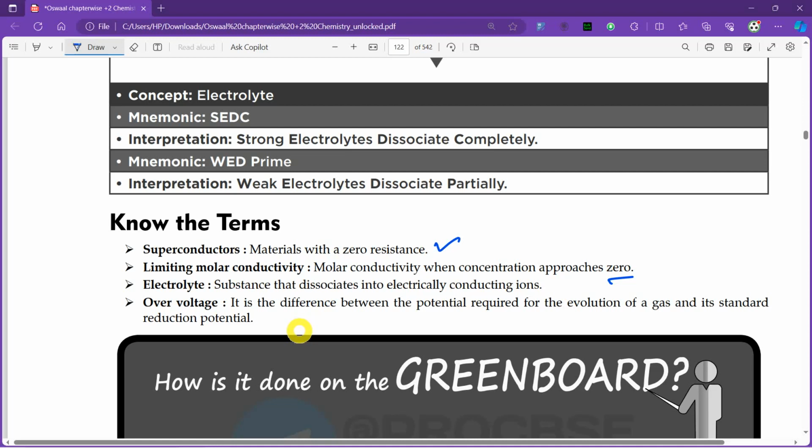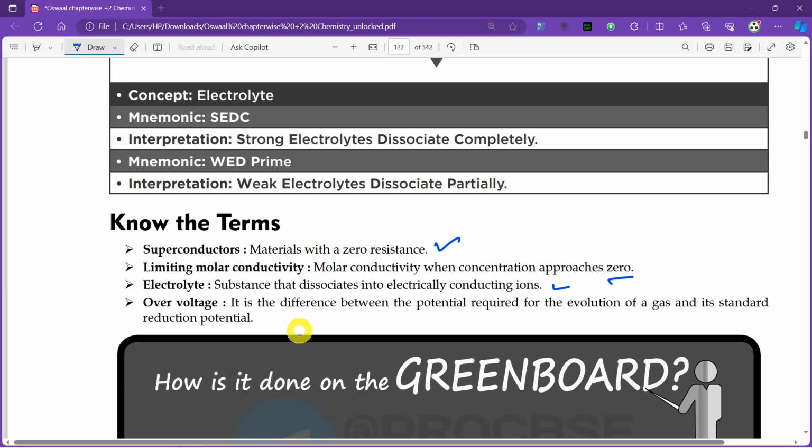Limiting molar conductivity is molar conductivity when the concentration approaches zero. Electrolyte, you know, that is a thing that dissociates. Overvoltage will be used in the question where hydrogen and oxygen, sodium and oxygen, chlorine and oxygen are competing in electrolysis.